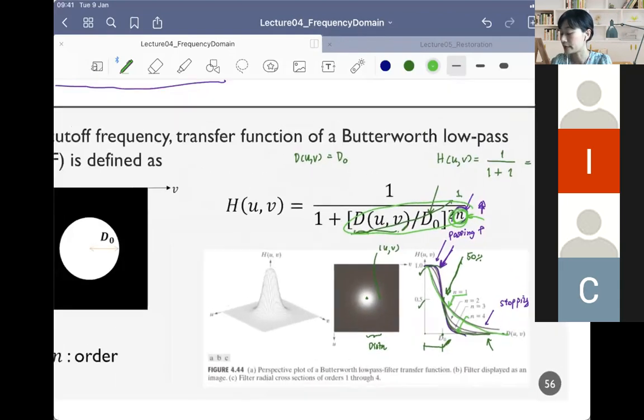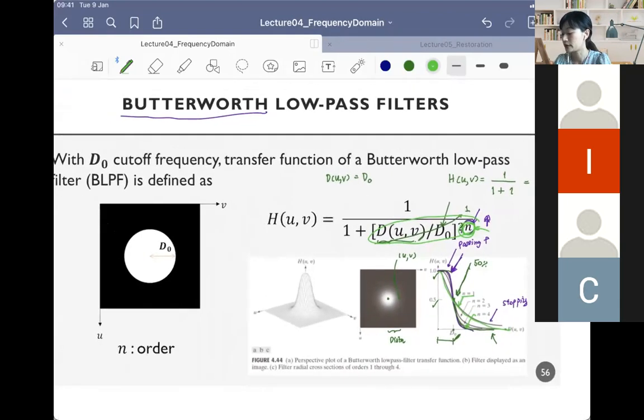So for the Butterworth low pass filter, you can design it using the cutoff frequency D0, which determines how much of the information you want to pass through the filter.